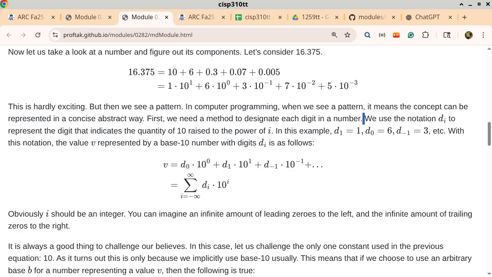Because that's what a program is. A program is an abstraction of how something is done. And mathematics is all about abstraction too. In computer science, as much as some people do not want to believe this, computer science is a branch of applied math.